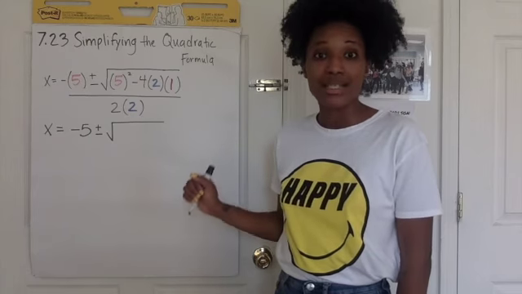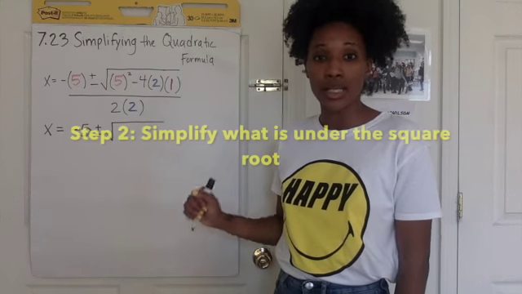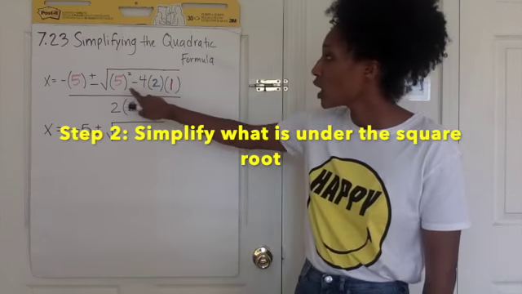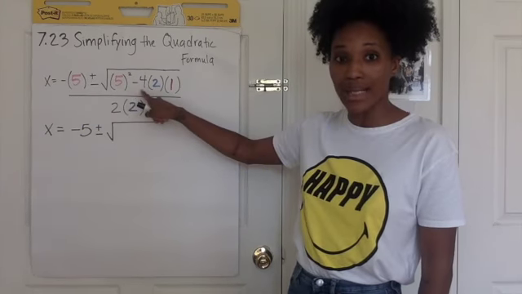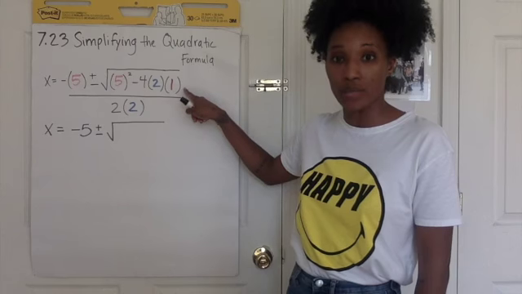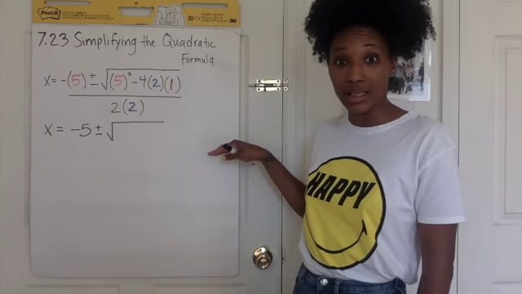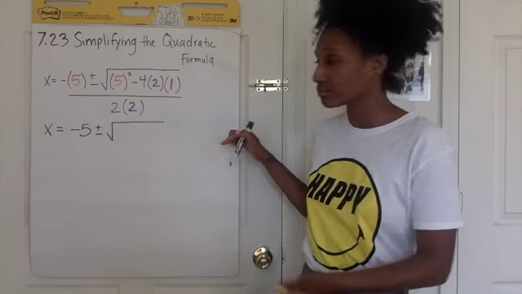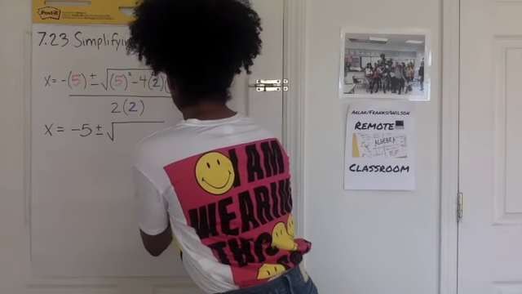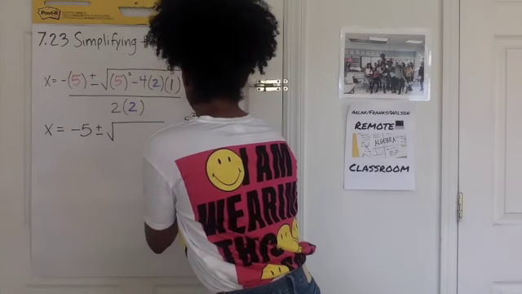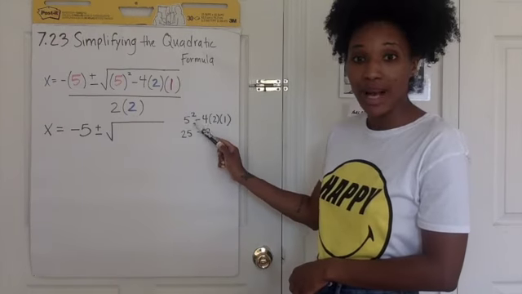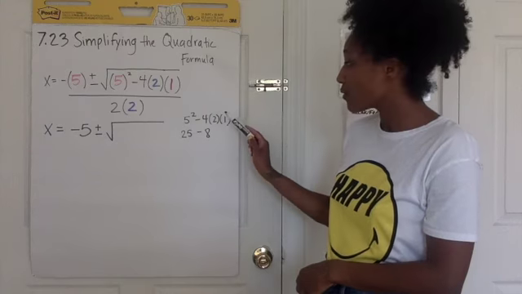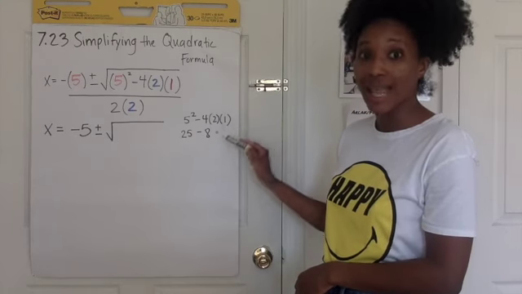Step 2, simplify what's underneath the square root. So right now underneath my square root is 5 squared minus 4 times 2 times 1. So I'm going to come to the side and I'm going to calculate that. 5 to the second power is 25, and 4 times 2 times 1 is 8.